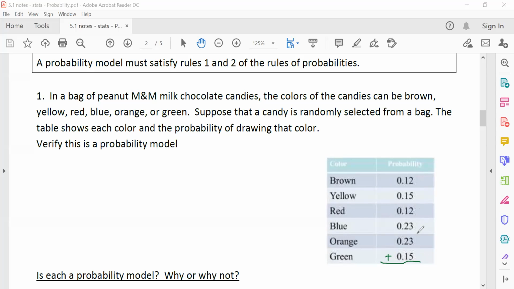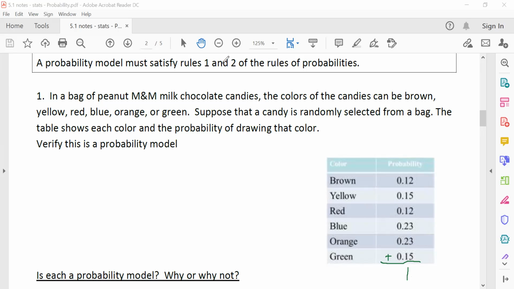Anyways, plus another 0.23 plus 0.15. Yeah, that does add up to 1. And did I actually do the math in my head? No, I got lazy and I just said it does. But you can verify it. It does. I've worked this example before.